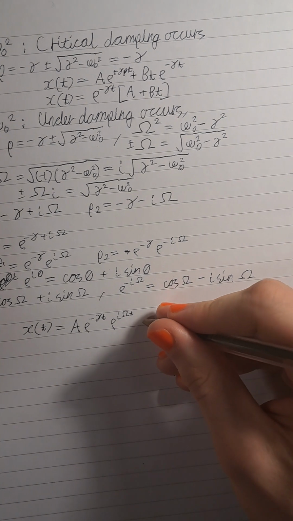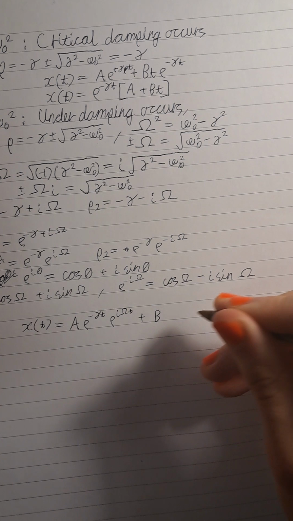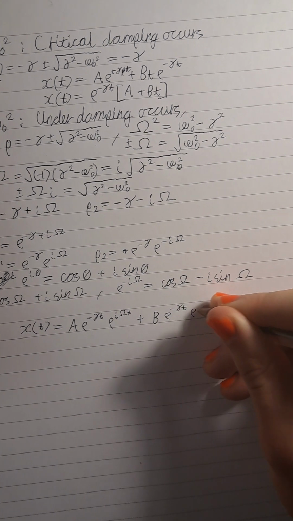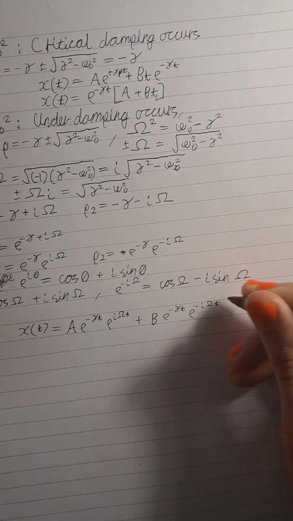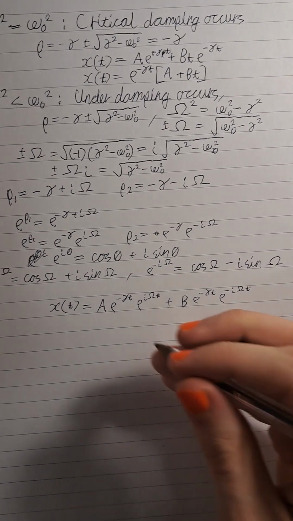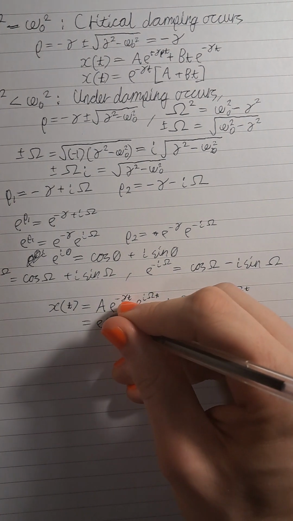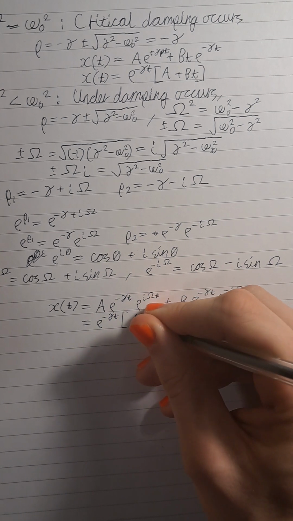Then we're going to be adding this to B e to the minus gamma t, e to the minus I omega t. We can see quite nicely that we can take out a factor of e to the minus gamma t, so we're just going to do that straight away.